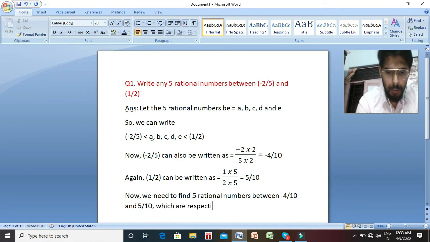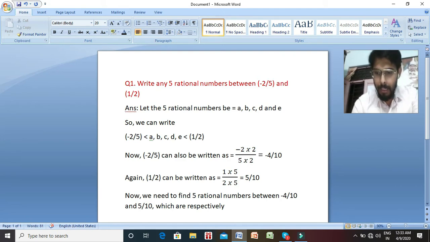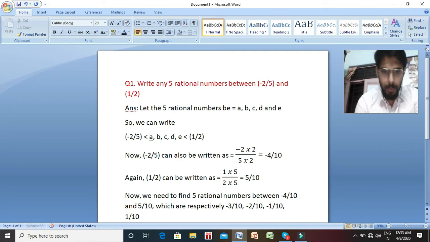We can take as many rational numbers as we like, from minus 3 onwards till 4. So there can be minus 3 by 10, that can be one. Then it can be minus 2 by 10, then minus 1 by 10, then 1 by 10 again, and finally we can take 2 by 10.